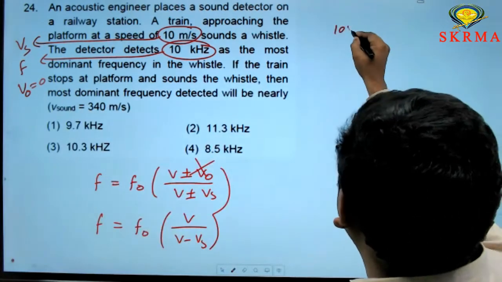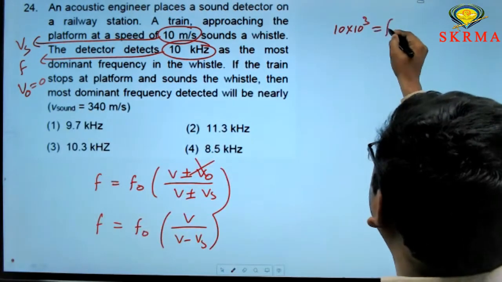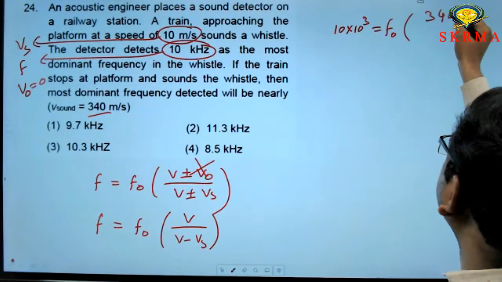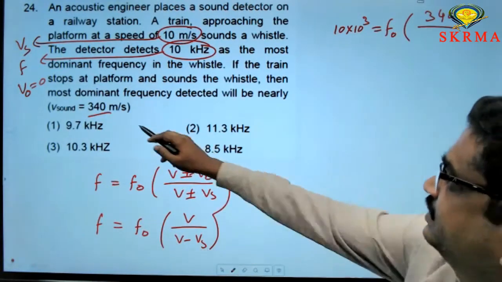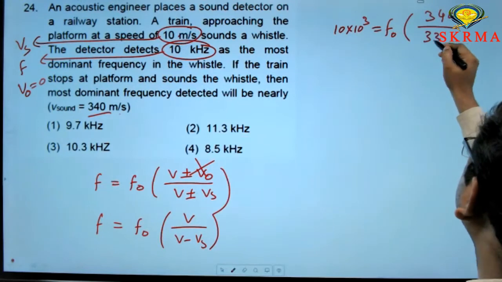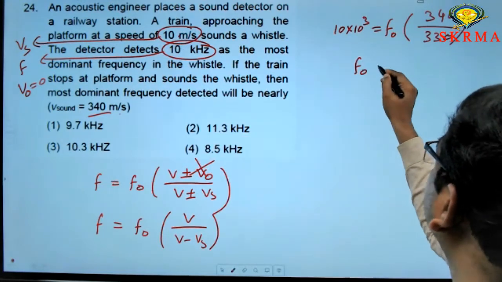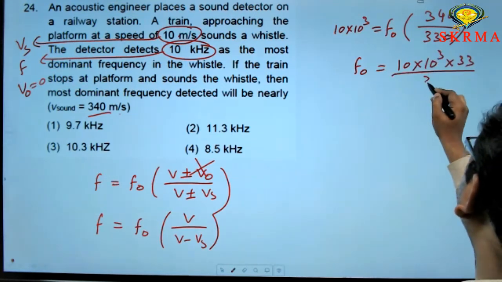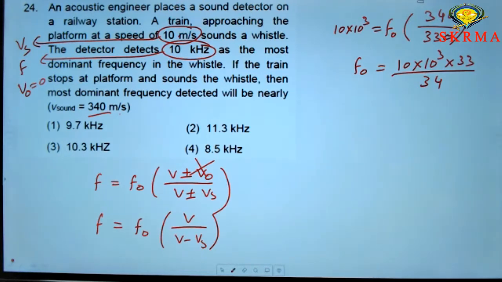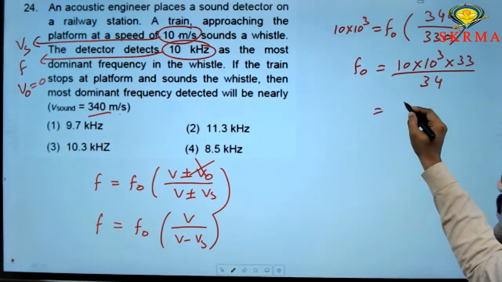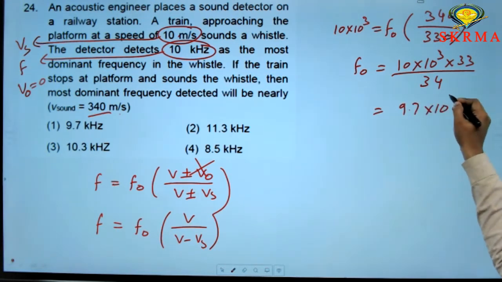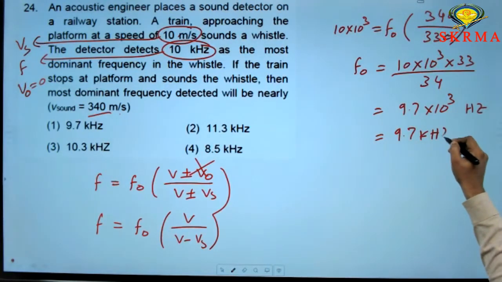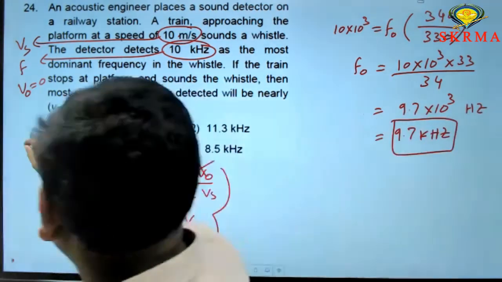So 10 kilohertz, 10 into 10 power 3 hertz equal to f naught into v value, 340, 340 by 340 minus 10, 330. So f naught equal to 10 into 10 power 3 into 33 by 34. Now, it may be 9.7 into 10 power 3 hertz or 9.7 kilohertz. First option.